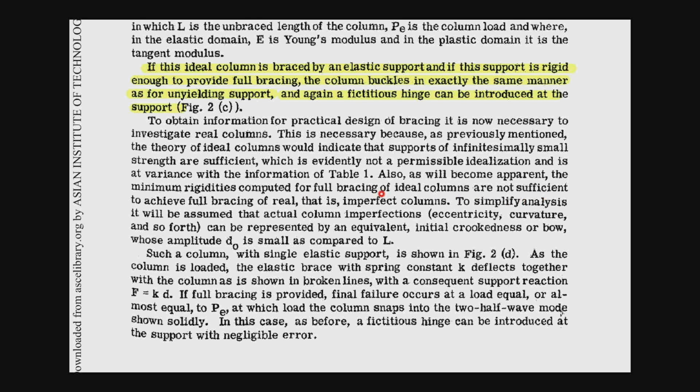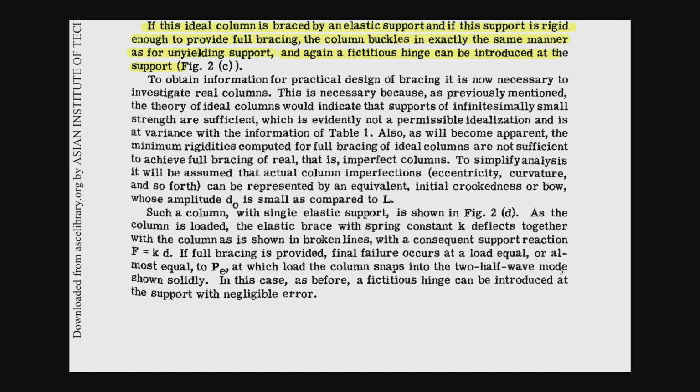To simplify analysis, it will be assumed that column imperfections, eccentricity, curvature, and so on and so forth, can be represented by an equivalent identical crookedness or bow whose amplitude d naught is small as compared to L. Such a column with single elastic support is shown in figure 2D.